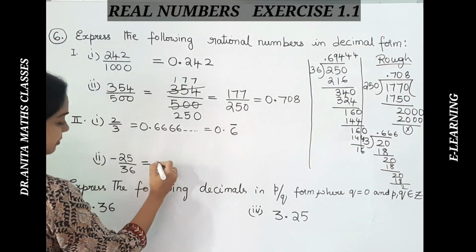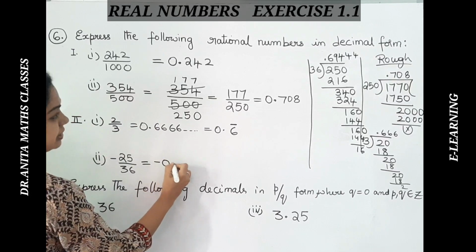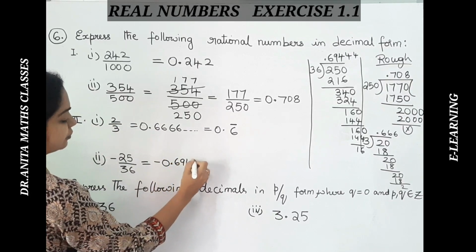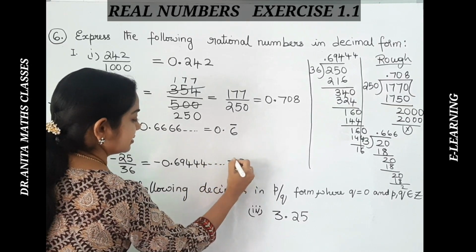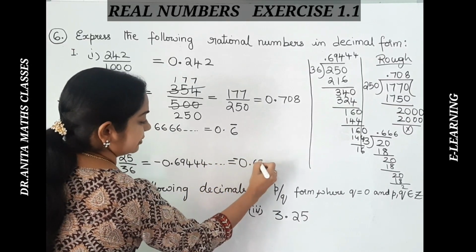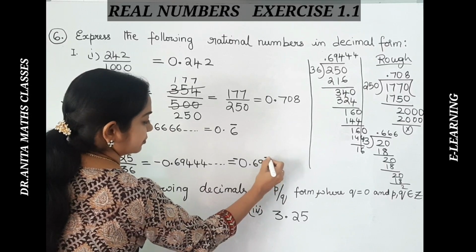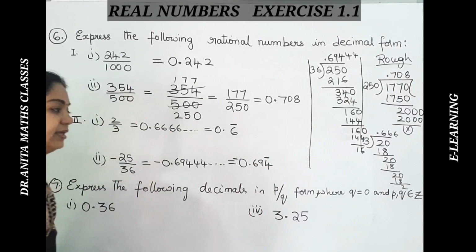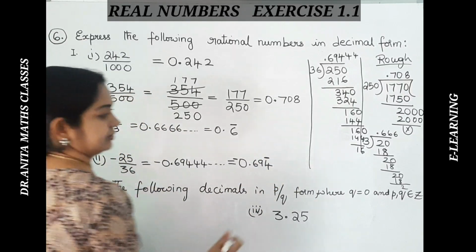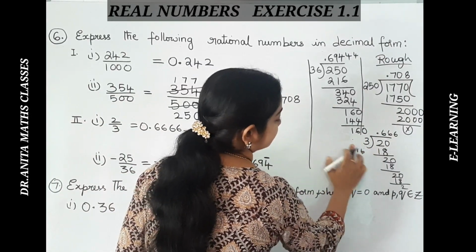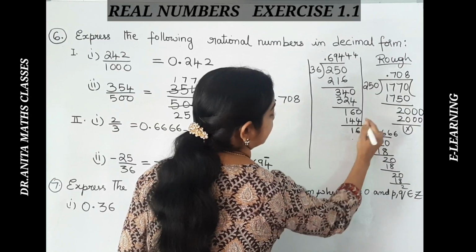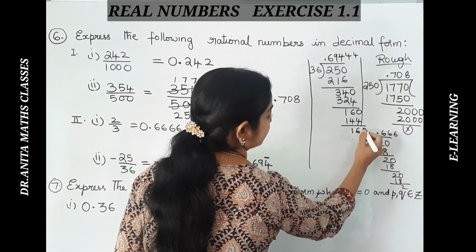So we get negative 0.69444, which is repeated. So we have to place a minus. We have to place a bar on just the 4. This is a non-terminating recurring decimal, right? Okay, this has become somewhat clumsy, right?